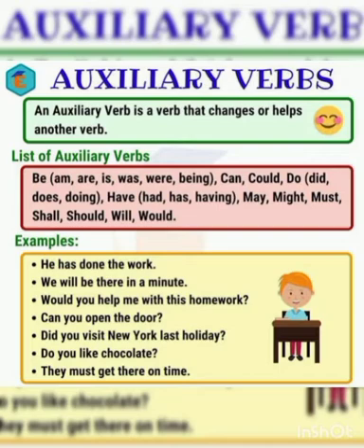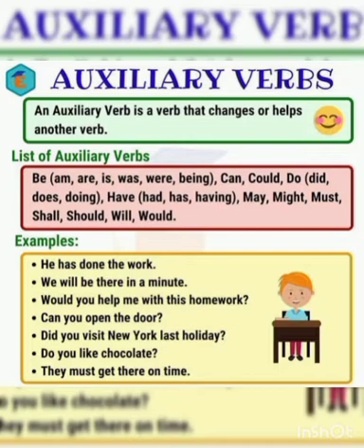Now uses of auxiliary verbs. There are some examples in the statements. He has done the work. Here the auxiliary verb is has. We will be there in a minute. Will. Would you help me with this homework?